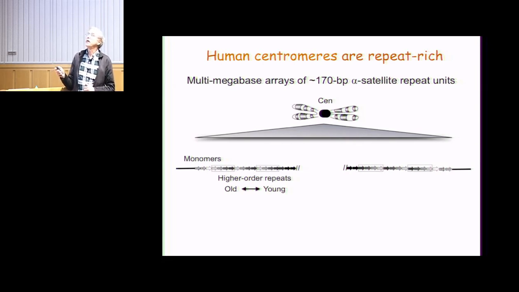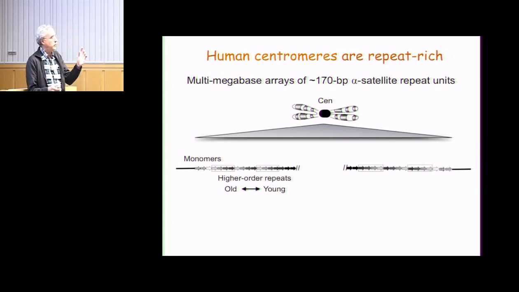But there's some structure on the edges, in the pericentric region, that consists of these repeats but shows very interesting structure. You have monomeric 170 base pair repeats that are quite diverged from the majority of the alpha satellite. And then you have these higher order repeats that show this old to young structure.